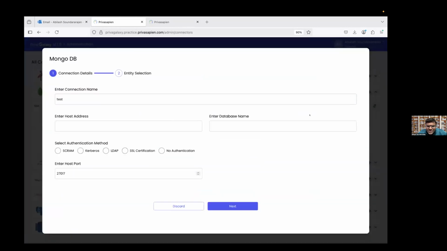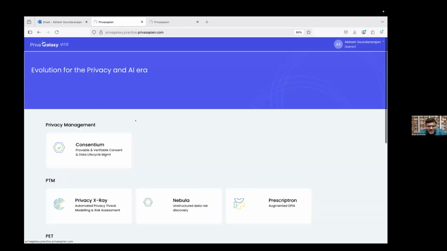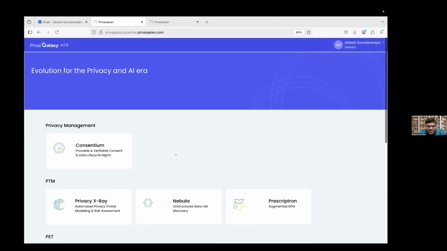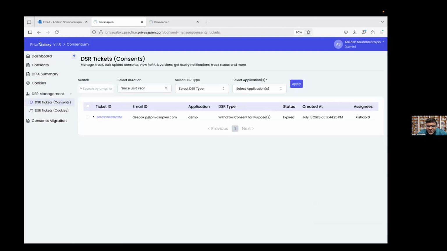You can edit those and configure different attributes of them. Then you can connect with applications, configure applications, collect consent, and collect DSR tickets of different applications, and ensure that the data is protected when users want to do specific things in their data flow.